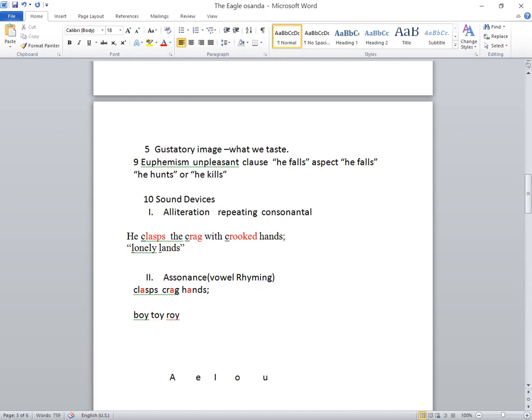Another example. Beat, neat, bean. What is the vowel sound you hear?